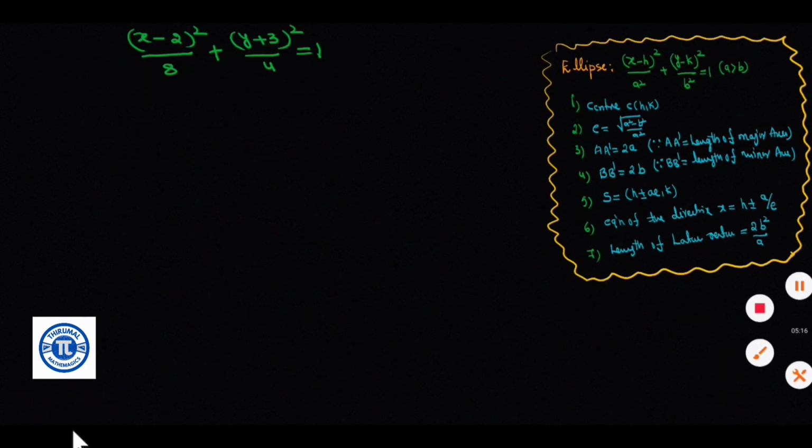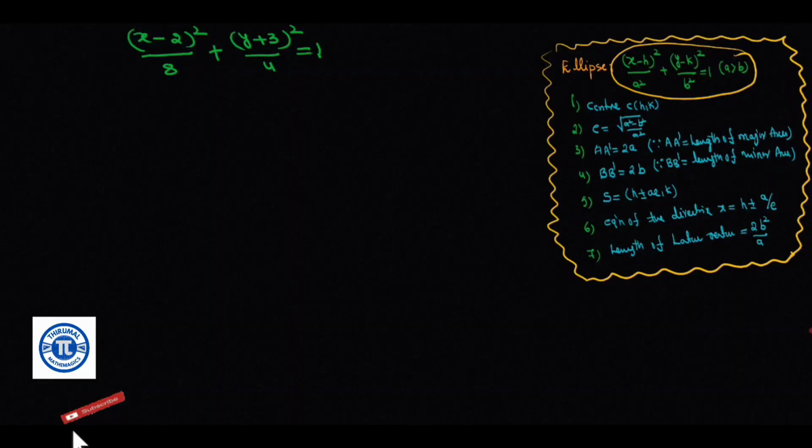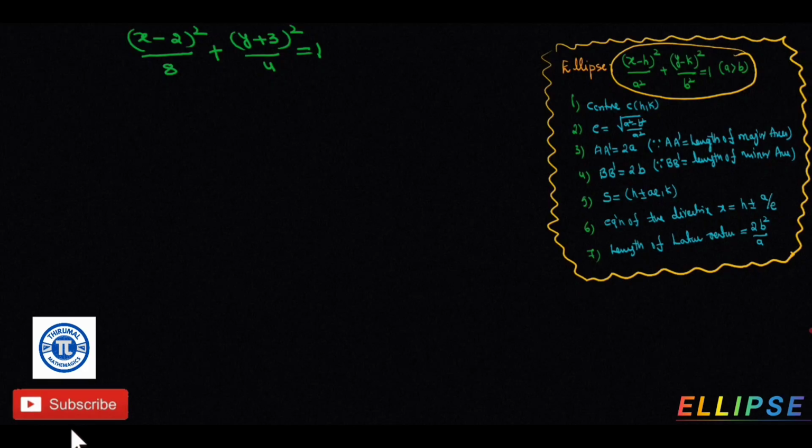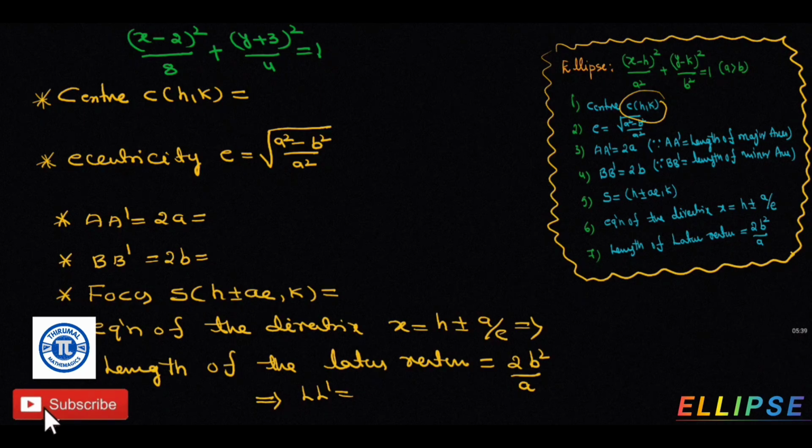Now the equation is in the form x minus h whole square by a square plus y minus k whole square by b square is equal to 1, a greater than b. In this case the center is h comma k, which from the above equation is 2 comma minus 3.